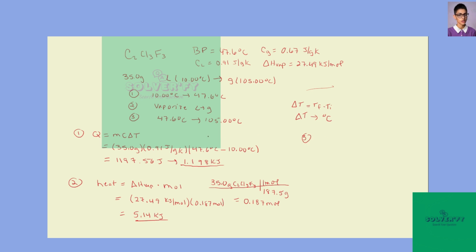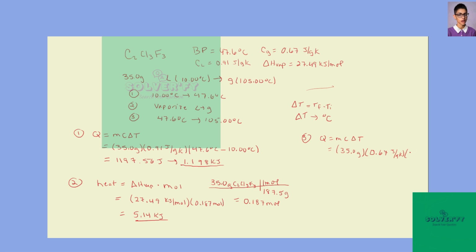In step 3, we are again warming it up from the 47.6 to the 105. So I will again use my Q equals mc delta T equation, where m is still 35 grams. C in this case, now I have a gas, so I'm going to use the specific heat of the gas, which is the 0.67 joules per gram Kelvin.